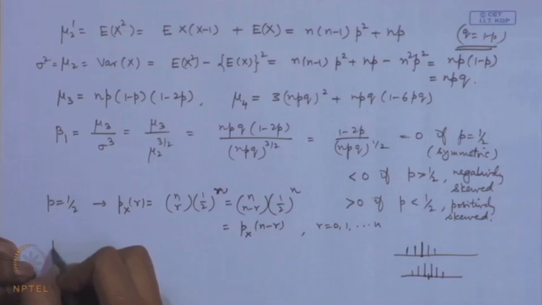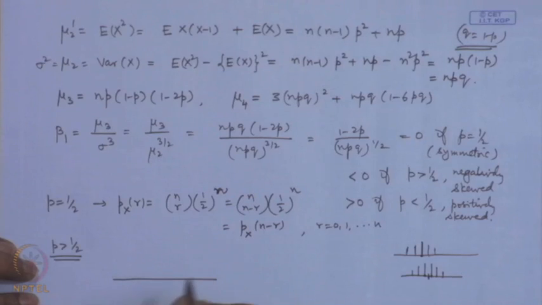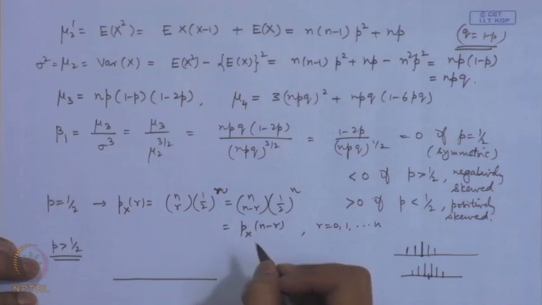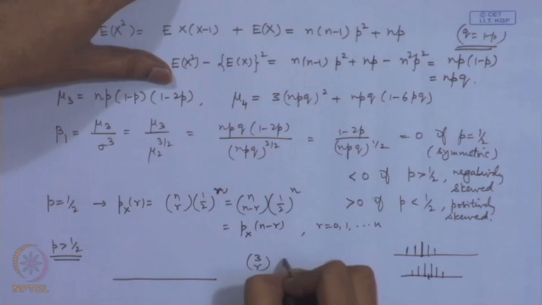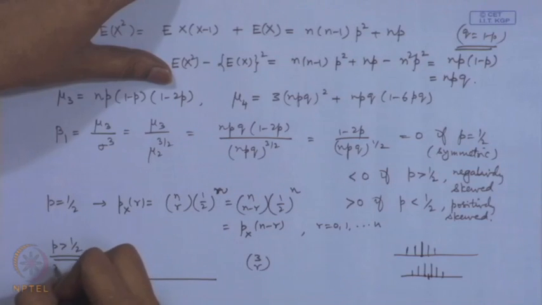If p is greater than half, then your initial probabilities, they will be. So, let us write down some particular cases. Suppose I take n is equal to 3, so 3Cr and say p is equal to, I take 3 by 4 or say 2 by 3.